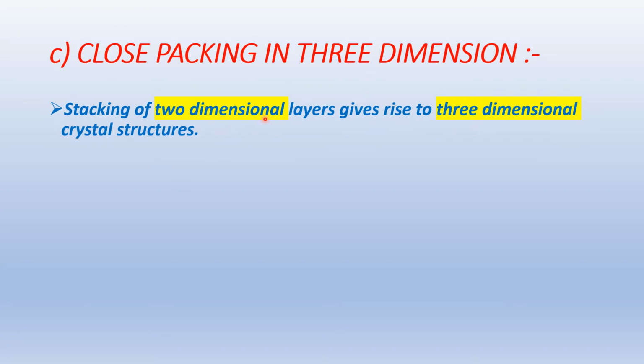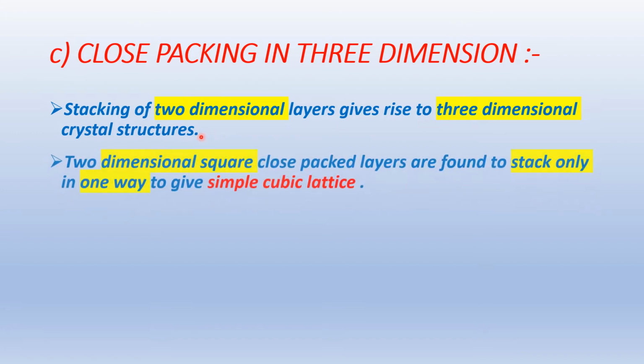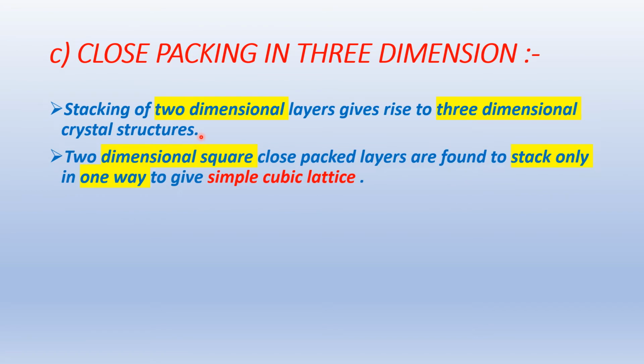Here, the stacking of two-dimensional layers gives rise to the three-dimensional crystalline structures. In this part, we understood the two-dimensional square close-packed layer is found to stack only one way to give a simple cubic lattice.